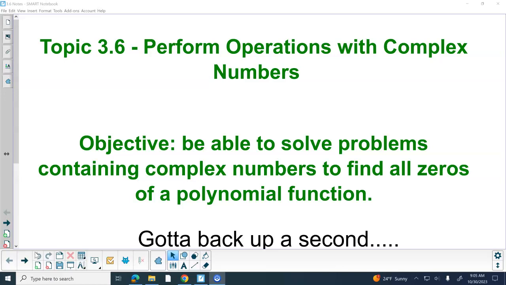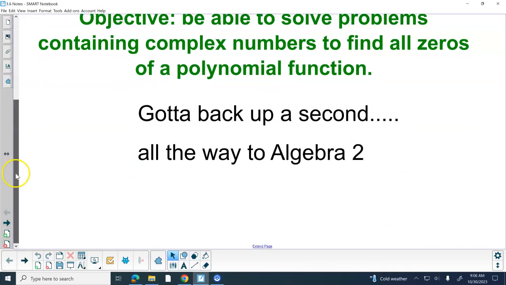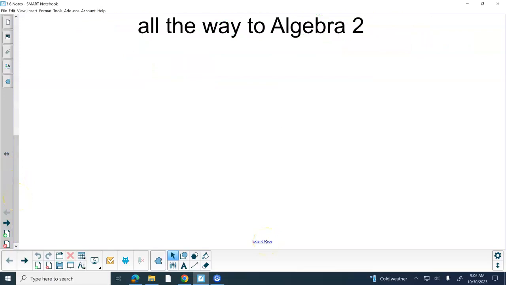Okay? So in order to find all of the zeros, we have to take a step back to Algebra 2. And back in Algebra 2, you learned all about complex numbers. And when you were learning all about complex numbers, your teacher probably taught you one thing.